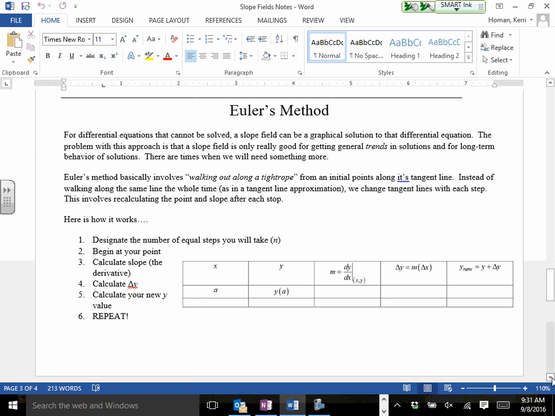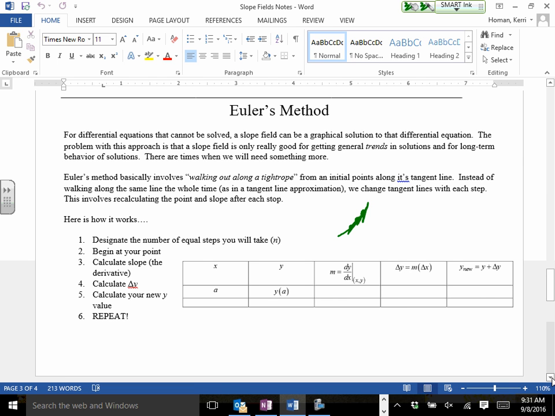instead of having a tangent line approximation, Euler's method evaluates a tangent line and then moves a little bit along that tangent line and then reevaluates the tangent line and moves a little bit further and then reevaluates the tangent line and moves a little bit further and reevaluates the tangent line to get a better idea of where we are.